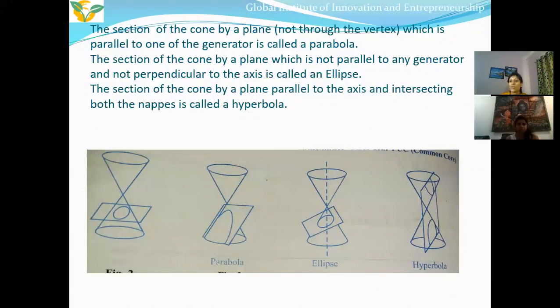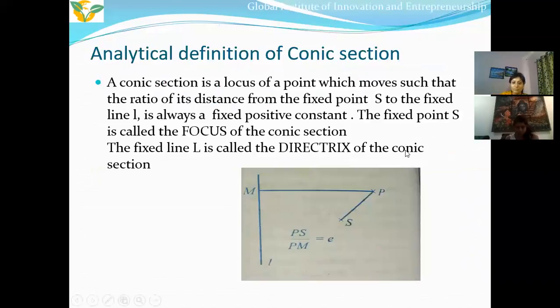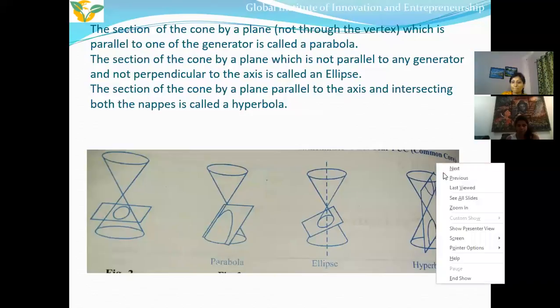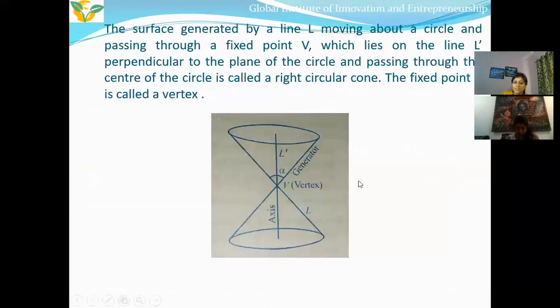When the section of the cone, that is any part of the cone, is cut by a plane, that is any A4 size sheet of paper, which is parallel to one of the generators. We can see the generator in the previous image. Yes, this one is the generator.